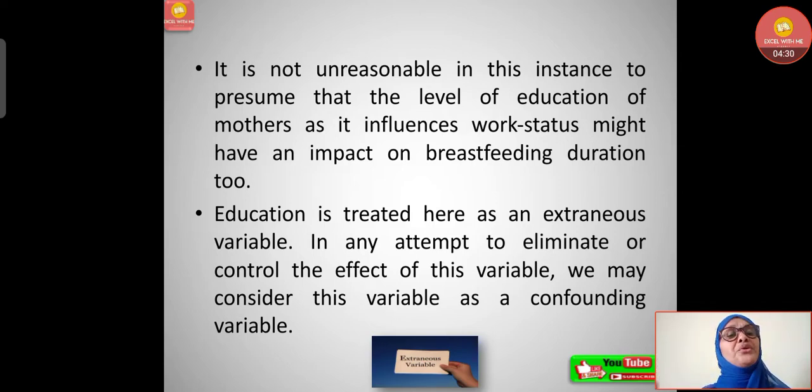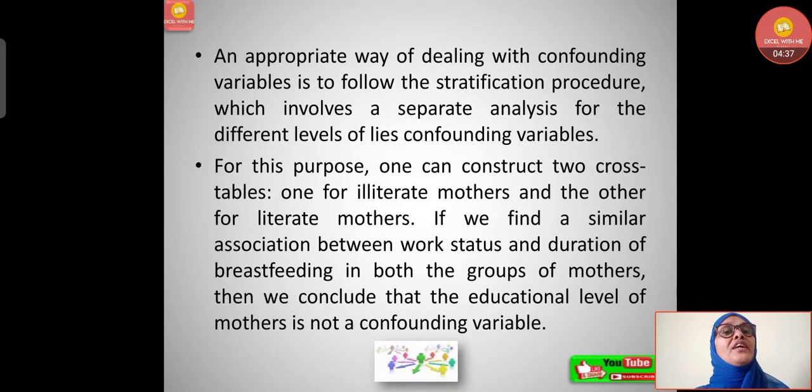In any attempt to eliminate or control the effect of this variable, we may consider it a confounding variable. An appropriate way of dealing with confounding variables is to follow the stratification procedure, which involves a separate analysis for the different levels of the confounding variable.